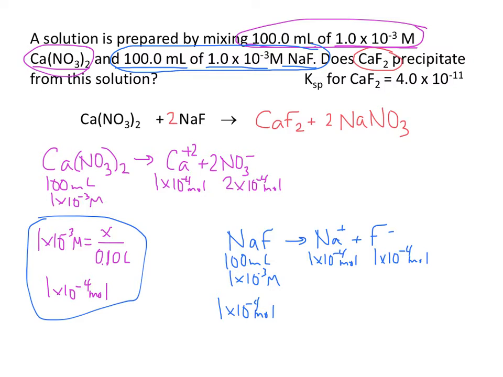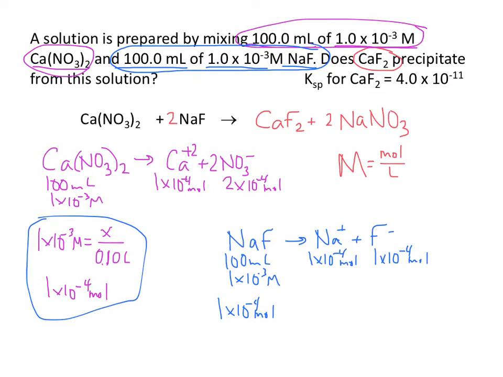So now imagine pouring those two beakers together. The volume is no longer the same. We started with 100 milliliters of each, now we have 200 milliliters total. So if I wanted to find the molarity of my calcium, nitrate, sodium and fluoride, I'm going to take my moles divided by my new liters, which is 200 milliliters or 0.2.